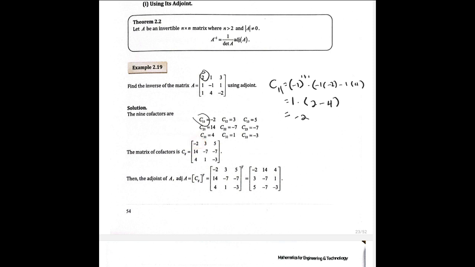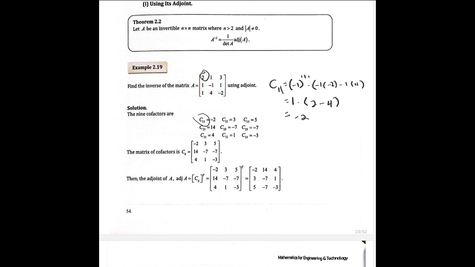The same kind of operation goes for the other cofactors. For C12 you will do negative 1 to the power of 1 plus 2, times the minor that excludes this row and column: 1 times negative 2 minus 1 times 1.